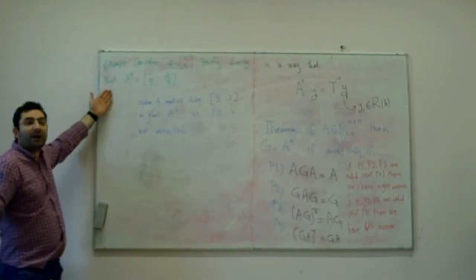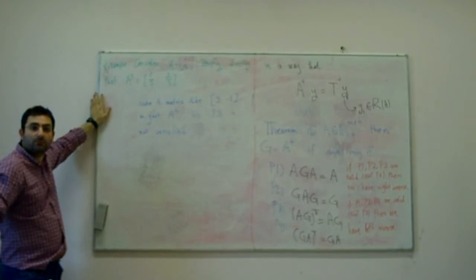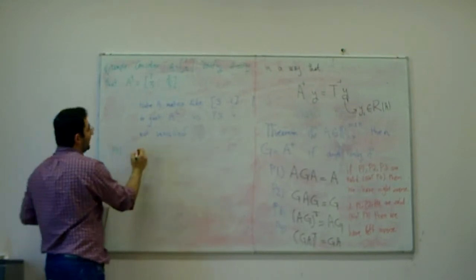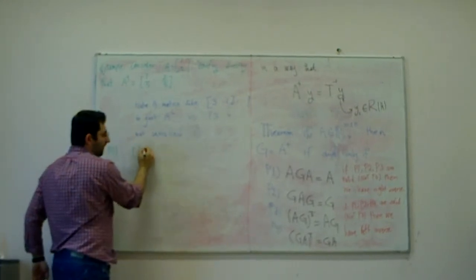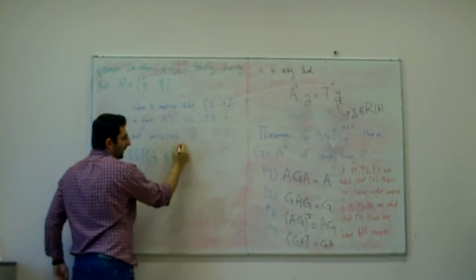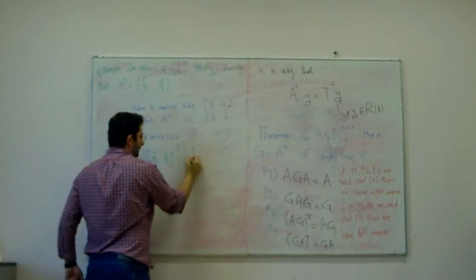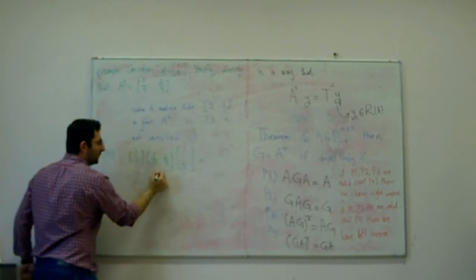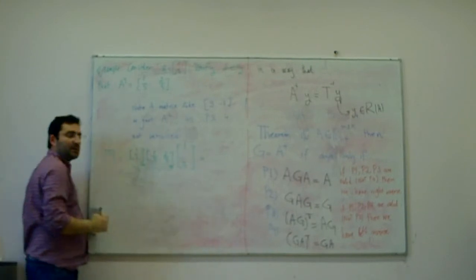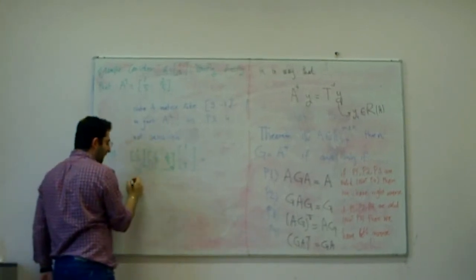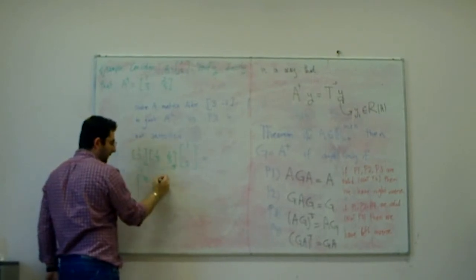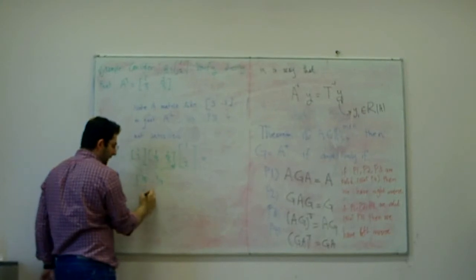Do you want me to verify it or can you do it at home? What you need to do, for example, for P1, you say that we have A multiplied by 1 over 5, 2 over 5, multiplied by 1 over 2. Let's multiply these two together, 2 by 1, 1 by 2. So the result is 2 by 2. If I multiply, what do I get? 1 over 5, 2 over 5, 2 over 5, 4 over 5.